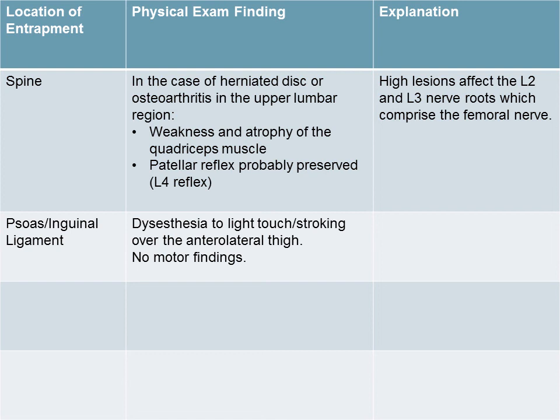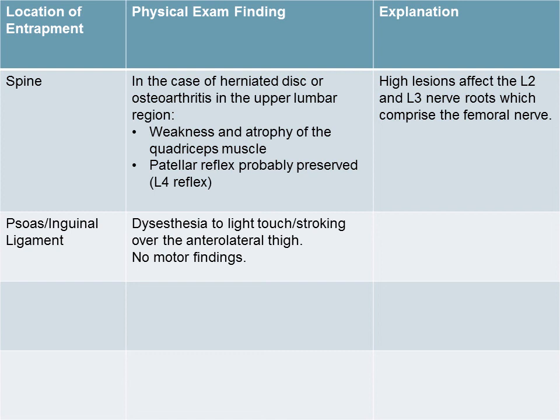So the only physical exam finding that we would expect would be some sort of dysesthesia, either numbness or tingling or burning or heat or some sort of altered sensation to light touch and/or stroking over the anterolateral thigh.